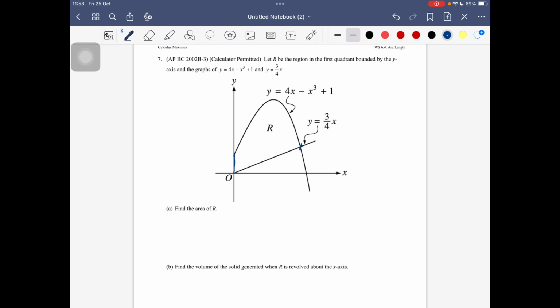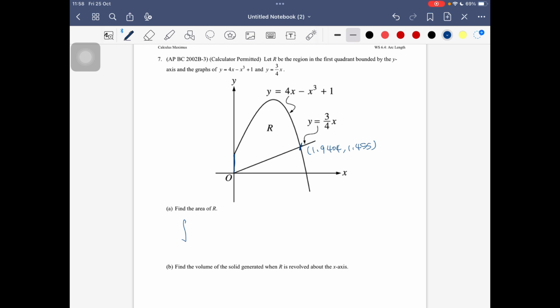When you draw the graph, you can analyze or calculate the intersection. What I found is 1.9404 comma 1.455. So this is the integral area that should be calculated.